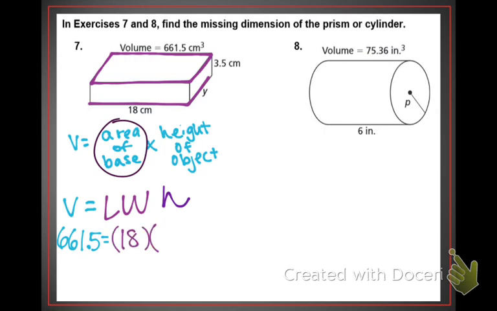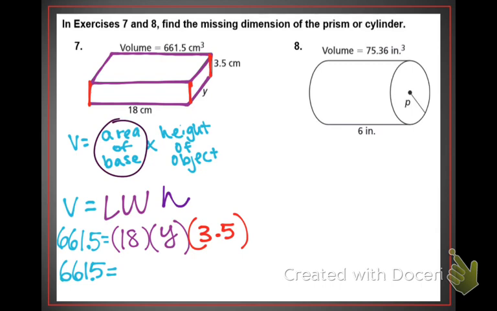What is the length and the width of our rectangle? 18 and y. And then times the height of the whole object. What is the height of the whole object? 3.5. So we get 661.5.